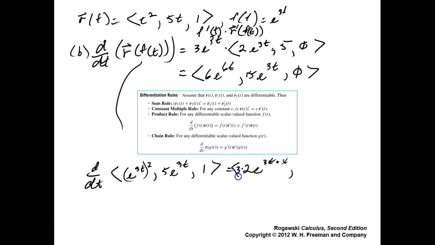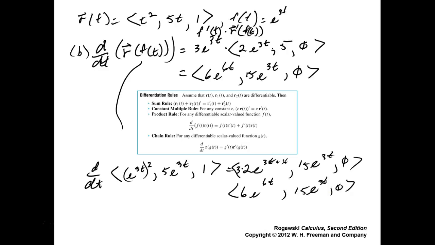Comma, this is all a vector, 15e to the 3t, comma, 0. Okay, and that's the same thing we got, 6e to the 6t. That first one is messy, no matter which way you do it. 15e to the 3t, 0. Okay, you just have to remember to do it.